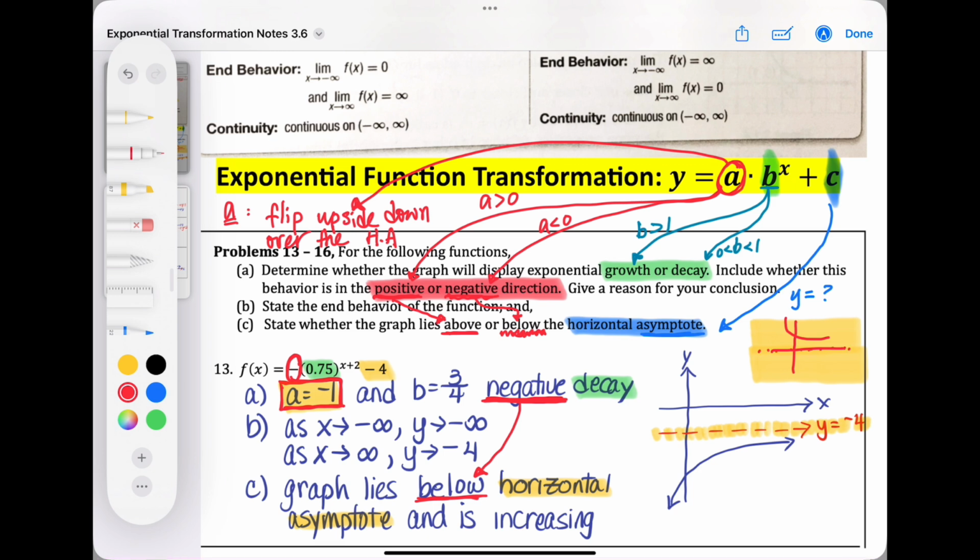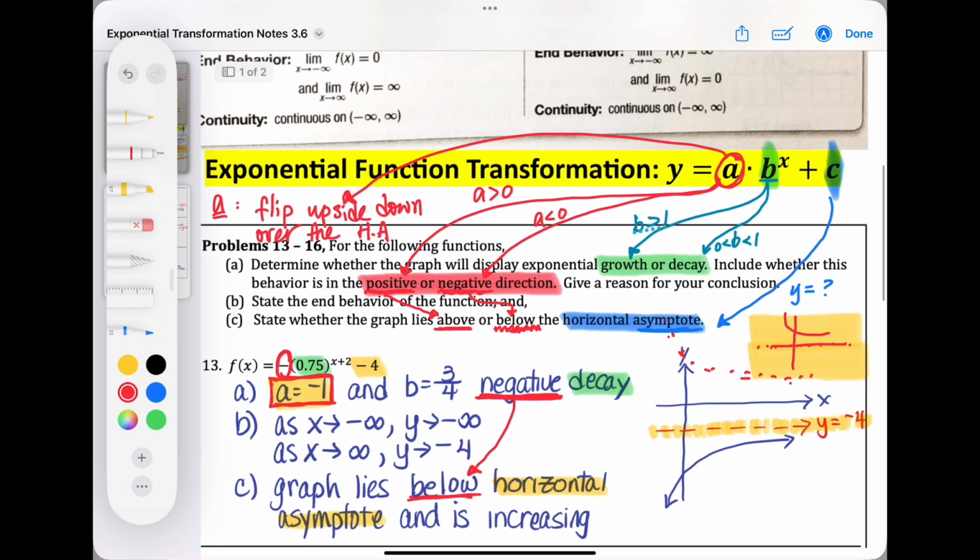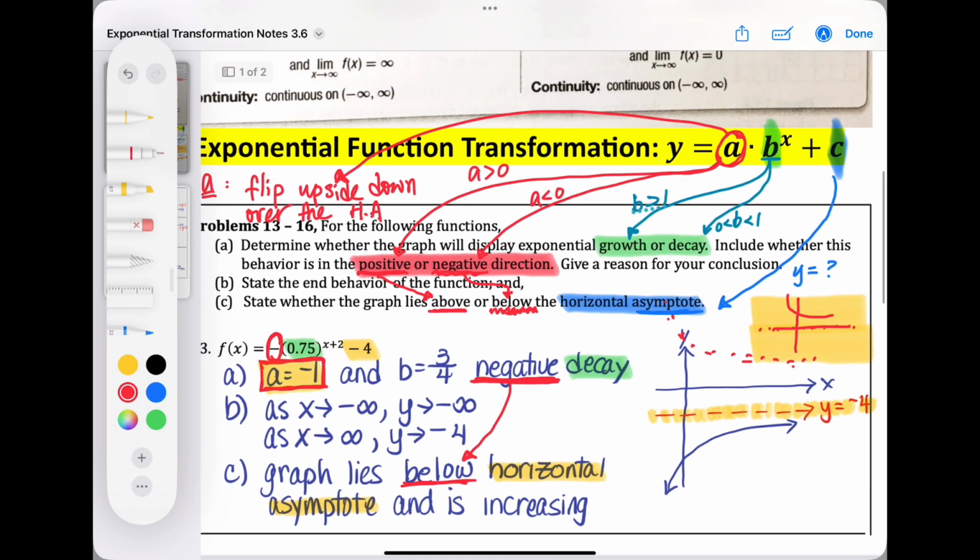So in this moment, my picture should be like this, right? But because the leading coefficient is -A, I'm going to flip my picture over the horizontal asymptote. So therefore, that becomes my final answer. Flip that upside down. So that's good now.